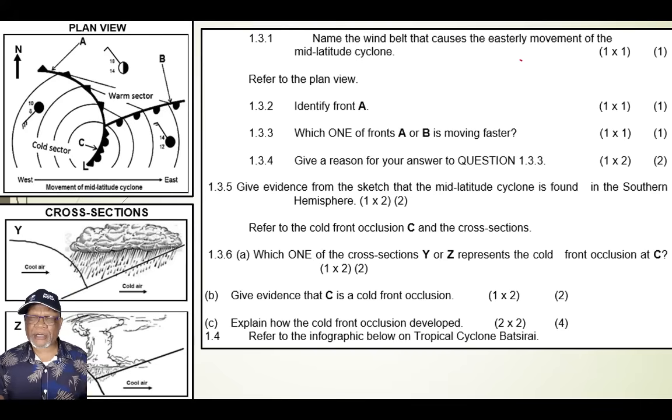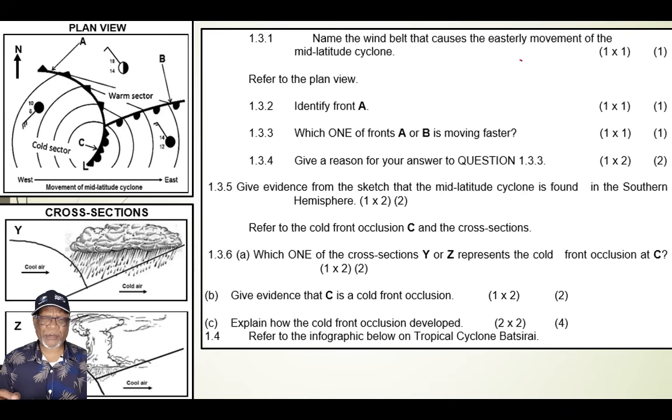The correct answer there will be the westerlies. With the westerlies, you can just say westerlies and you are correct, because we've got only one set of westerlies in the atmosphere. But with the easterlies, you have to specify whether it's polar easterlies or tropical easterlies.